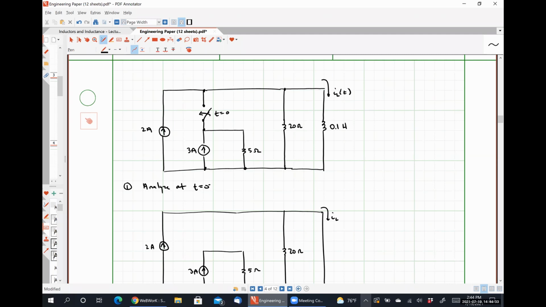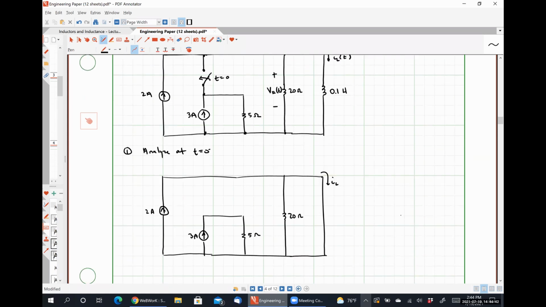Just for the sake of argument, I want to look for the voltage drop over this 20 ohm resistor too. So here would be IL at 0 minus, here would be VR at 0 minus.